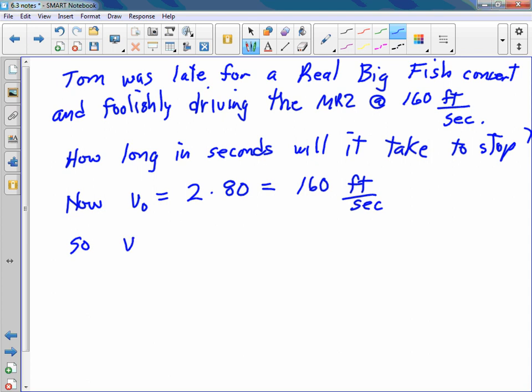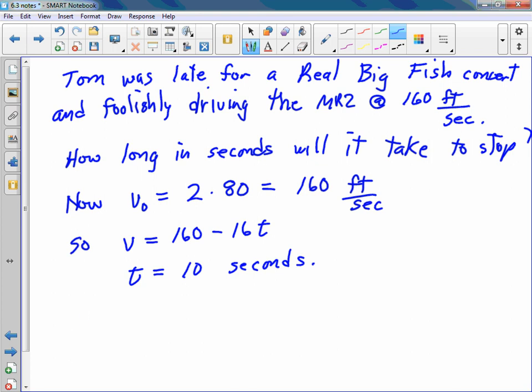So v equals 160 minus 16t. This is the deceleration or negative acceleration caused by the braking action of the MR2. So clearly t equals 10 seconds. Twice as long to stop. Okay? So does that mean the distance will be twice as long?